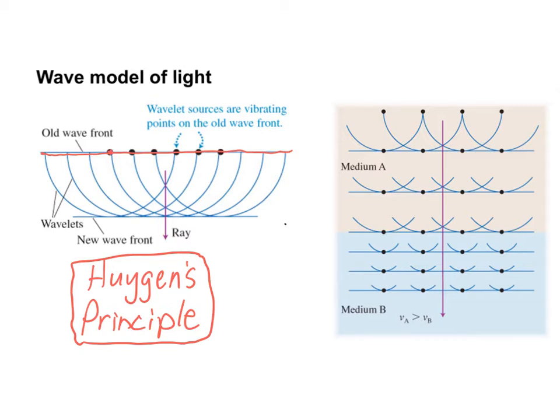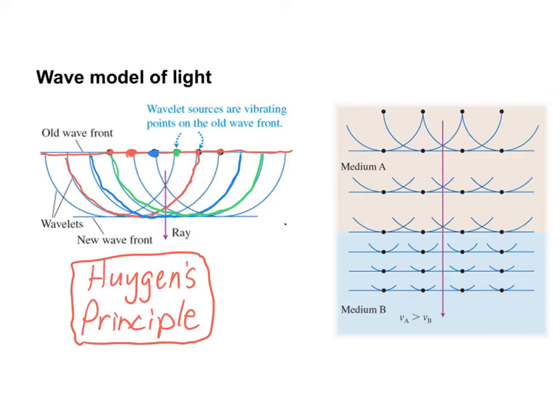He envisioned that each single point on that wave, and that doesn't mean the point has a specific size, it's just any individual location on that wave, was its own source of a disturbance. So for instance, you've got this semicircular disturbance here that's centered right here, and another semicircular disturbance right here that's centered right here. So each one of those is almost a different source of a wave.